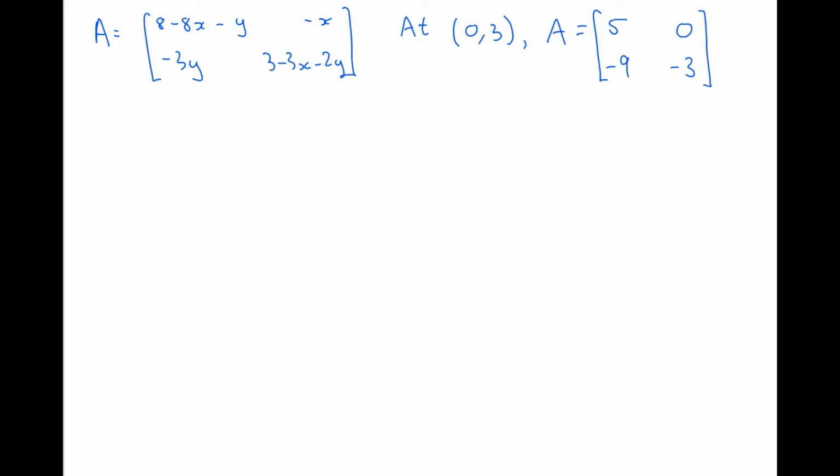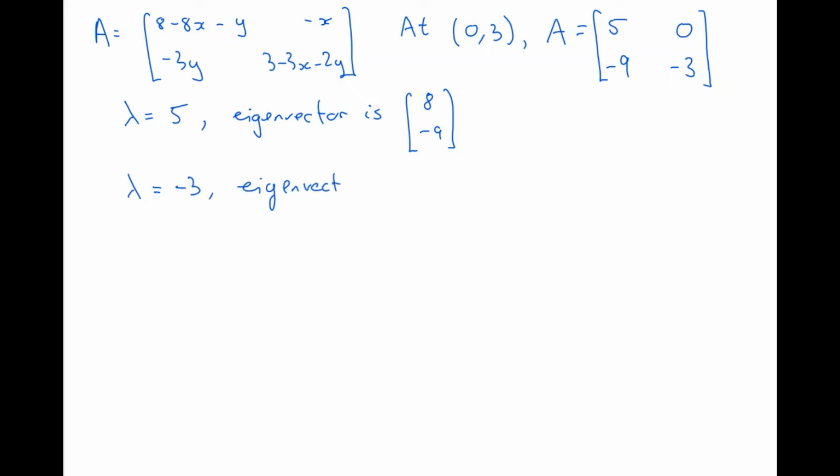Now this is a lower triangular matrix, so its eigenvalues appear on the diagonal. One eigenvalue is 5. And I do have to do a little bit of work to get the eigenvector. It's 8, negative 9. The other eigenvalue is negative 3, and its eigenvector is 0, 1.